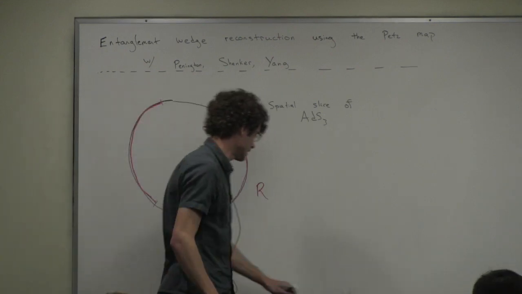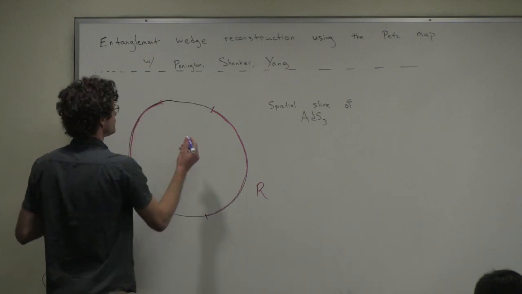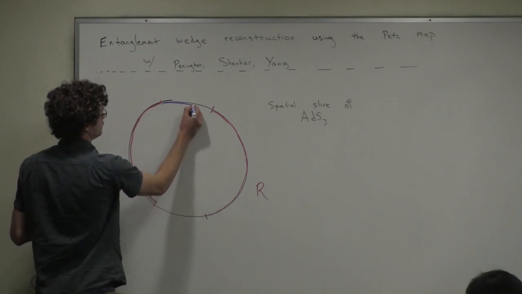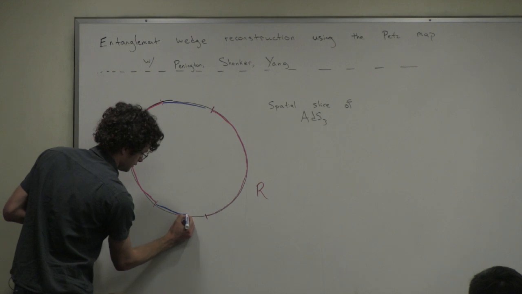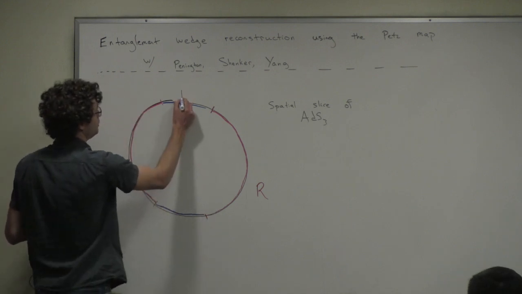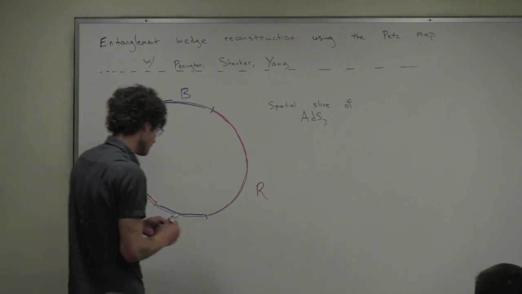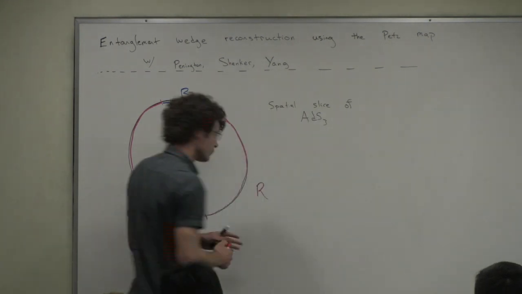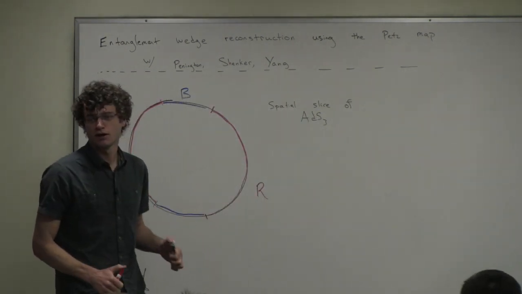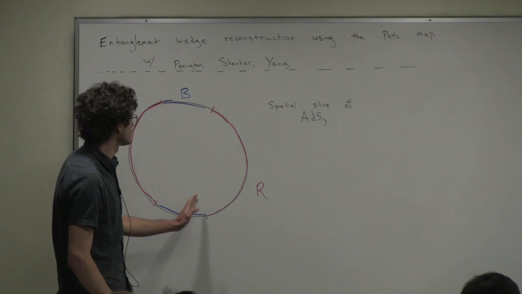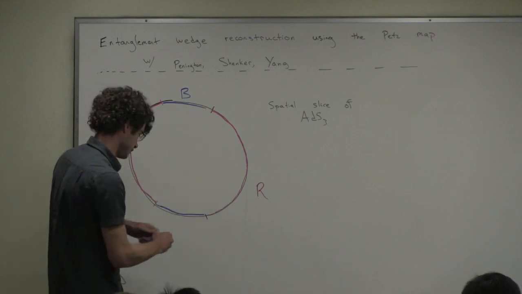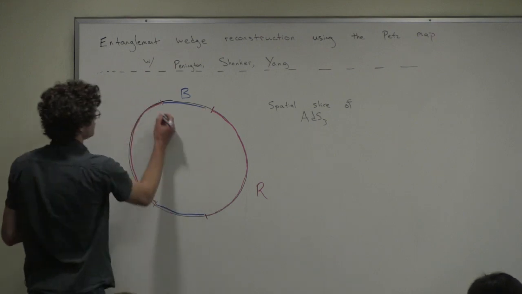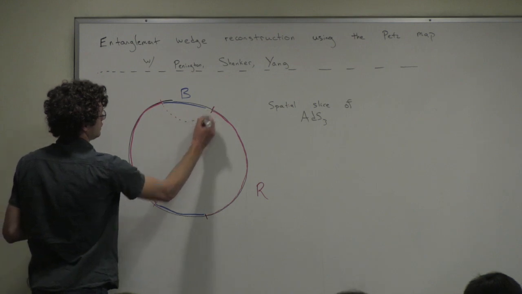And the other regions we'll call, this is honestly just pure luck, B for blue. And then what we're going to draw in the bulk are the minimal surfaces that are bounding those regions. So there's obvious minimal surfaces that look like this.